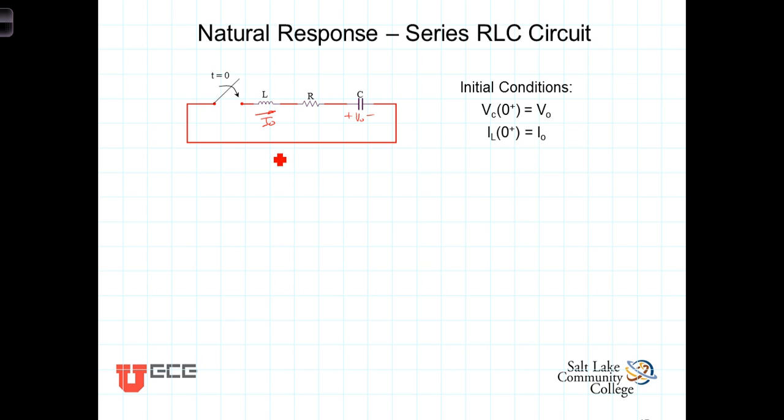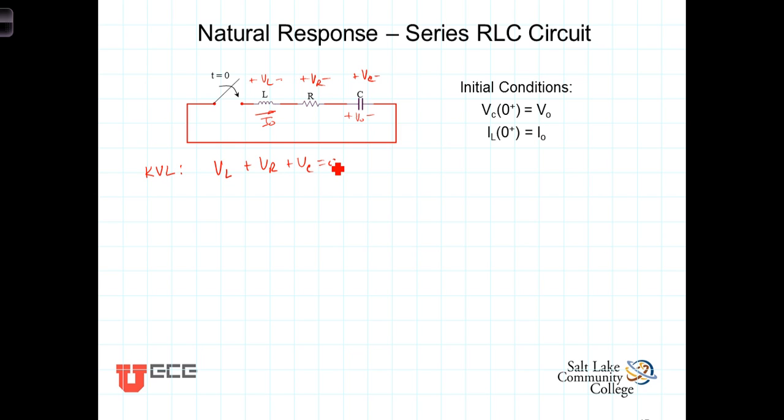In this case, we'll write a voltage loop equation, going in this direction and referencing plus to minus V sub L, plus to minus V sub R, and plus to minus V sub C. Going in that direction, V sub L plus V sub R plus V sub C must equal 0.